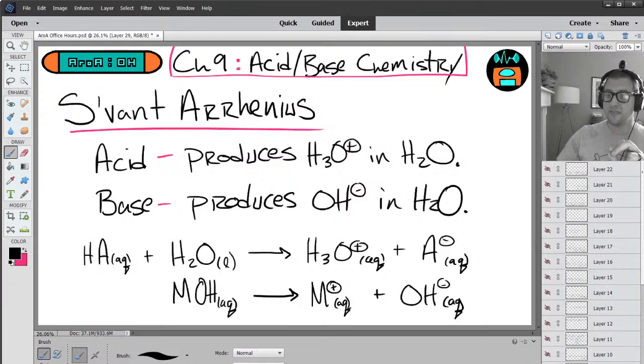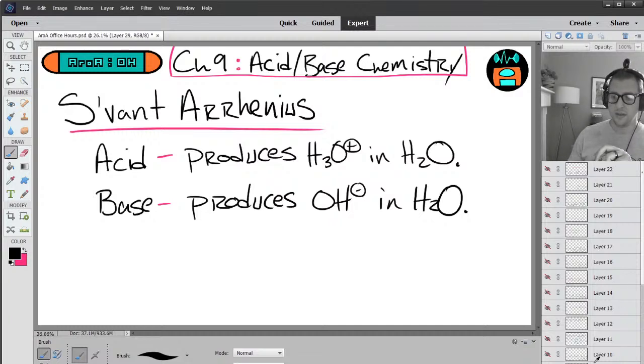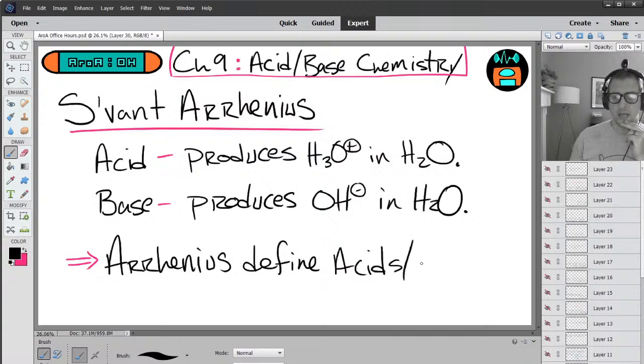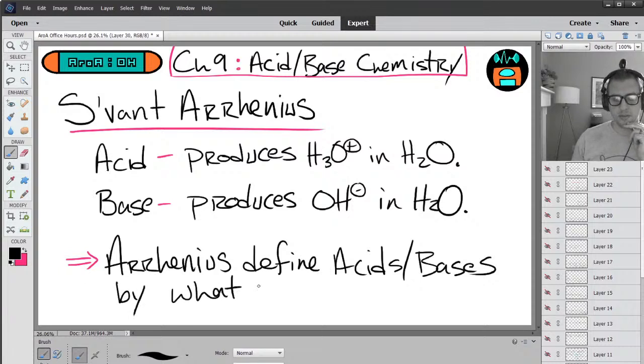Now, something that's very important to note about the Arrhenius definition is this. Arrhenius defined acids and bases by what they produced.